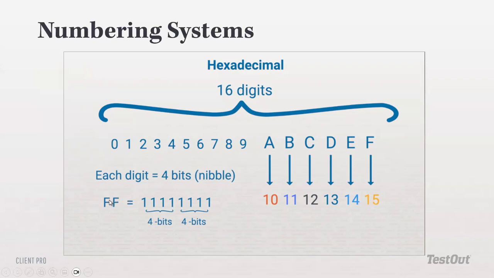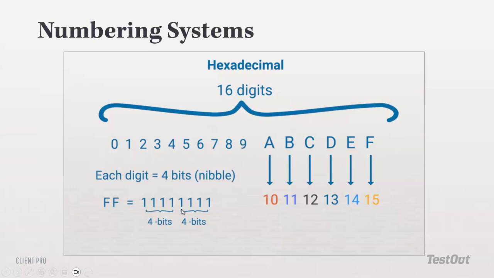So in this case, FF: the first position meaning 16, and the second position being the 1, right? So 1 and then 16 since it's hexadecimal. So F is 15, and this will be 16 times 15. So 16 times 15 is 240, plus 15 is 255.